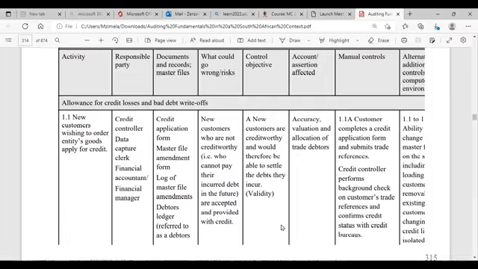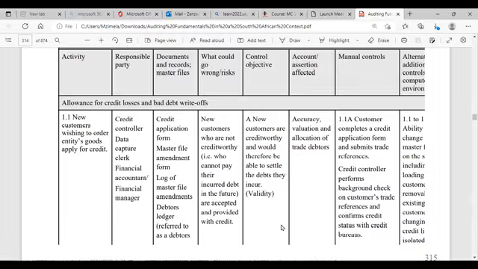So we are looking at the control objective called validity. And now the assertion by management that will be affected will be the accuracy, valuation, and allocation of trade debts. So what they are saying here is, are we recording our data as accurate in terms of the amount that they've actually got credit for?